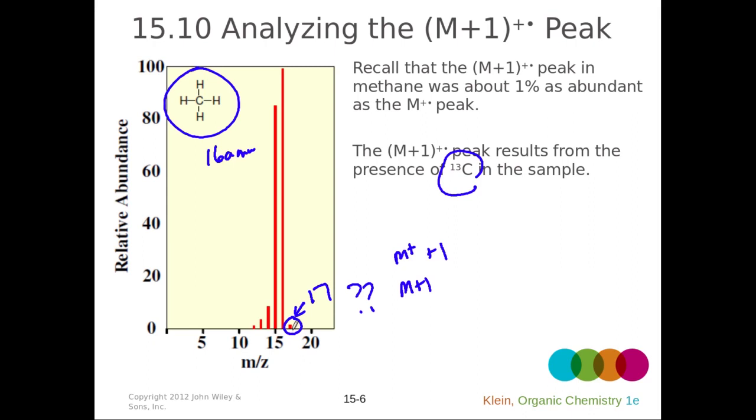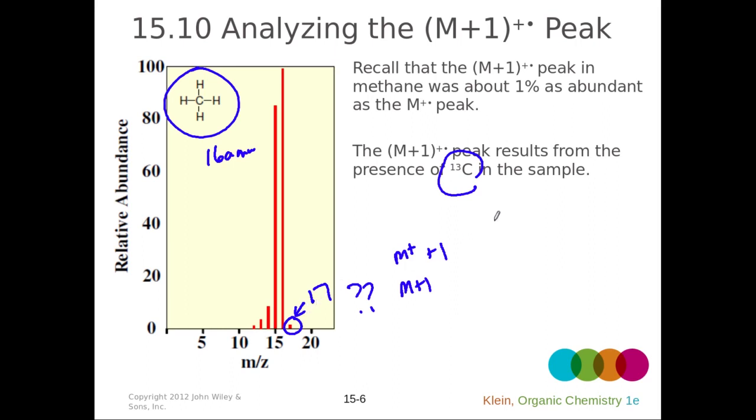And so we get this little bitty peak, which represents some of the methane molecules having a carbon-13 in them. And this results in a peak at 1 higher, because we have carbon-13 versus carbon-12, 1 higher AMU. And notice this is very small. For methane, the M plus 1 peak is going to be about 1% as abundant as the molecular ion peak.